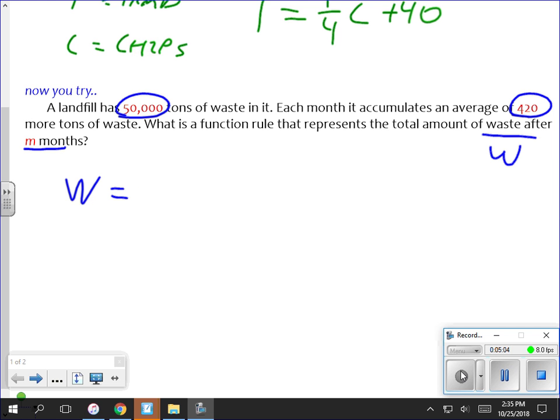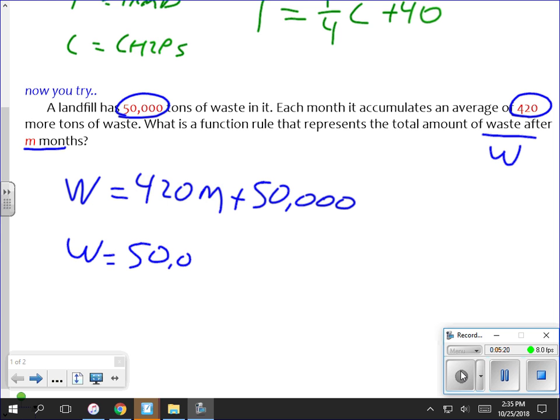So this would be 420. That's how much I add per month. And then I started with 50,000. Now, if you have what you start with plus what you're doing per month, that's okay.